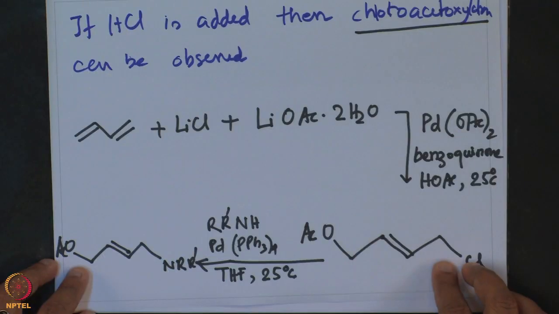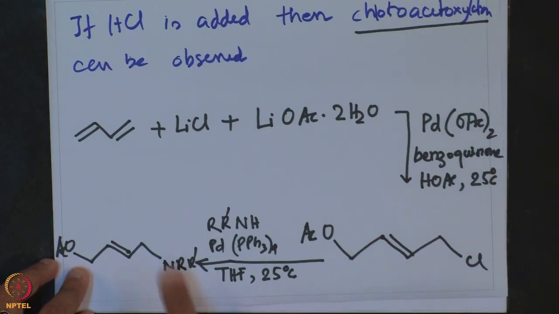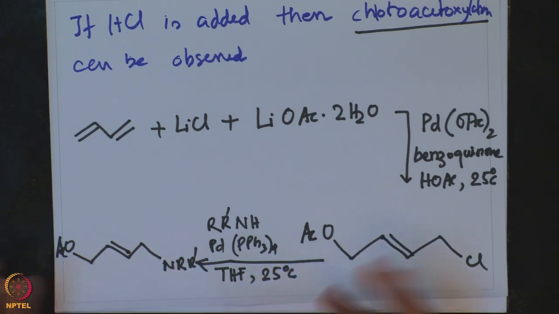The first one obviously is this chloroacetoxylation, an extension of Wacker oxidation reaction. So, first is the oxidation chemistry being catalyzed by palladium, followed by C-N bond forming reaction. Again that C-N bond forming reaction is a carbon heteroatom bond forming reaction, and that one is also catalyzed by another palladium compound.